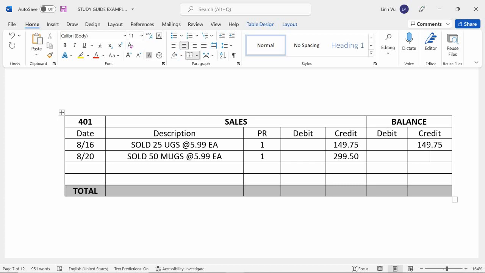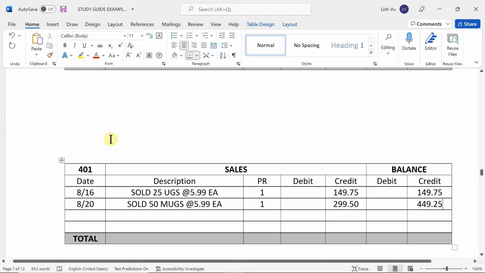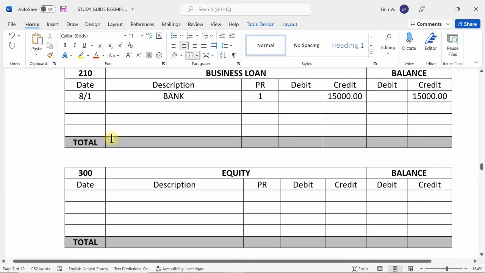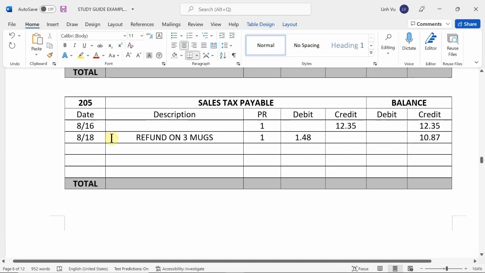Plus $149.75 is going to give me a total of $449.25, okay, worth of sales. And I also charged customer A some sales tax. Okay.